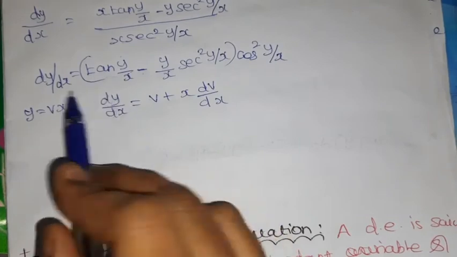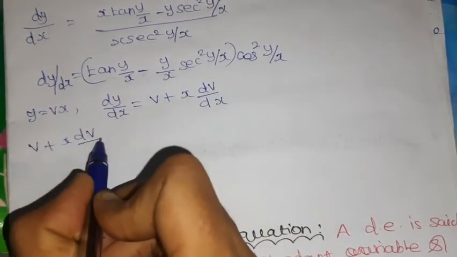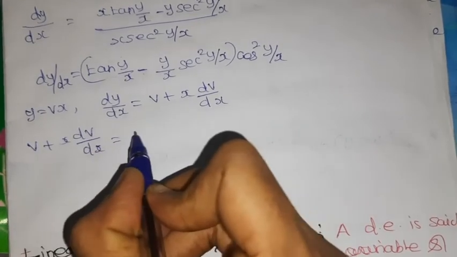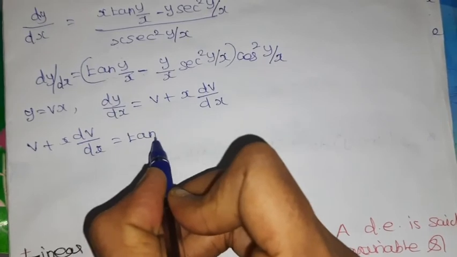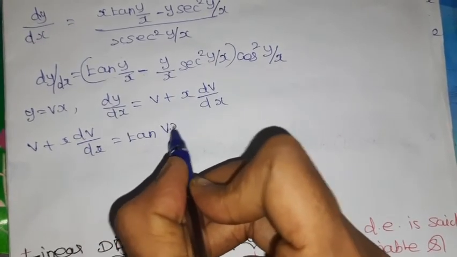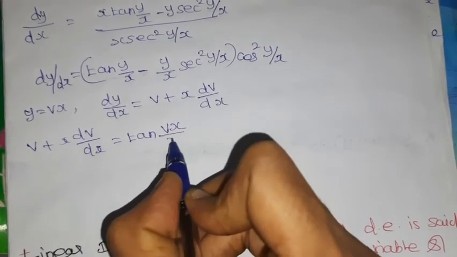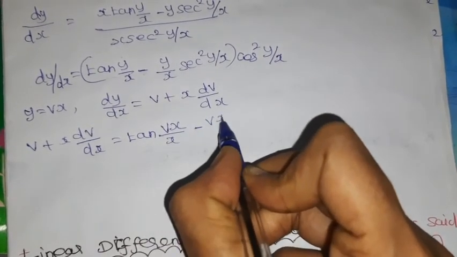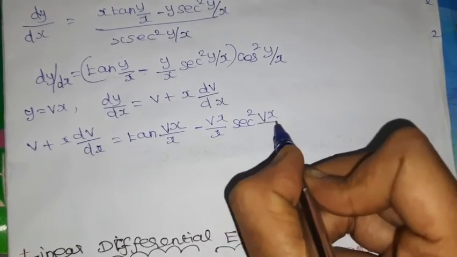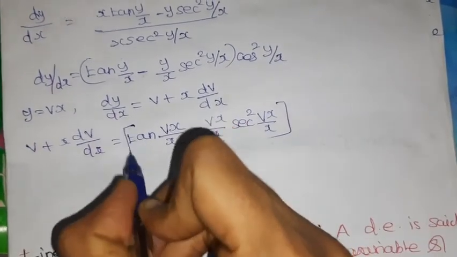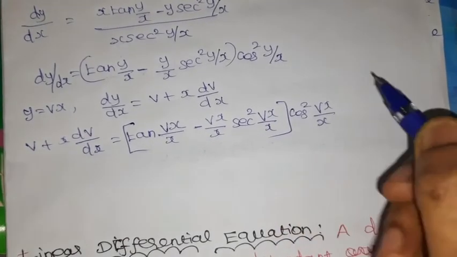So by putting in this equation, v plus x dv by dx equal to, in place of y substitute vx: tan vx by x minus vx by x into secant squared vx by x, the whole into cos squared vx by x, right?